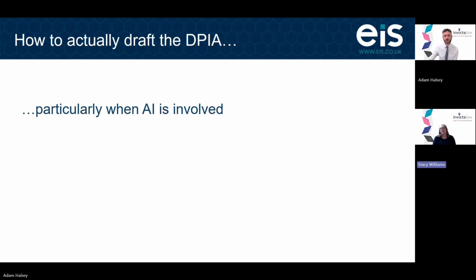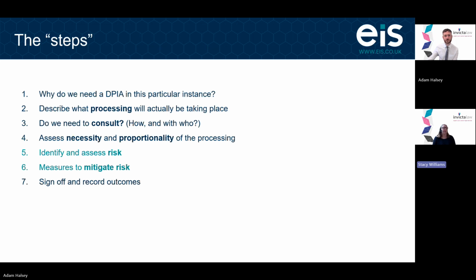So how to draft a DPIA, particularly when AI is involved. We're going to look at an example at the moment. It's going to be an AI-powered revision app, and that could be applicable to both primary and secondary schools. So what steps are we going to look at for a DPIA? Why do we need a DPIA in this particular instance? Describe what processing will actually take place.